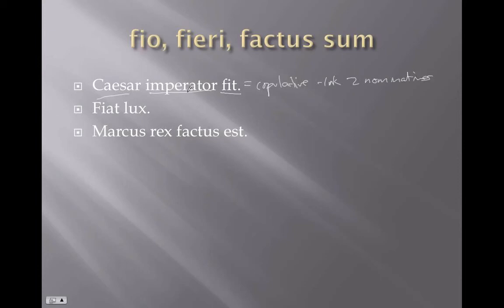So Caesar becomes or is made the general. Or sometimes it just has a nominative all by itself. And so fiat lux, let light, there's a hortatory subjunctive or jussive subjunctive, let light come into being, let light be made.